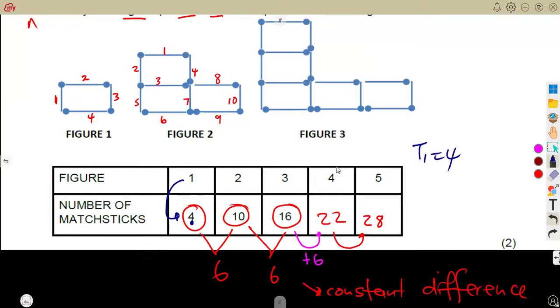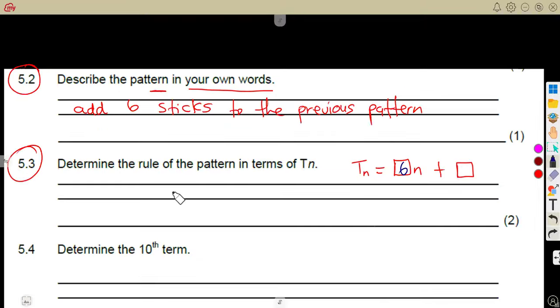So you can use that one to find what must be added. If T1 is equal to 4, what does it mean? It means 4 is equal to, remember, T1, position 1. So it's 6 times what? Times 1. In place of n, you substitute 1. Position 1 plus what must be added.